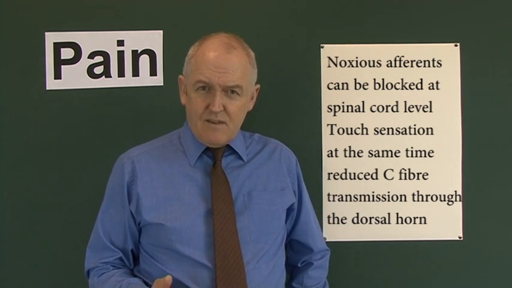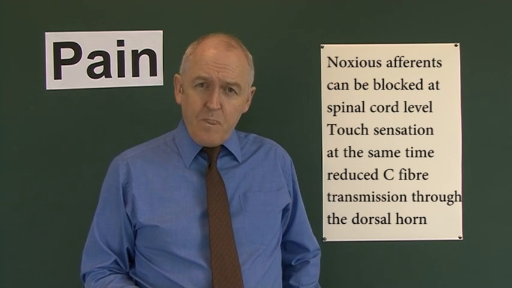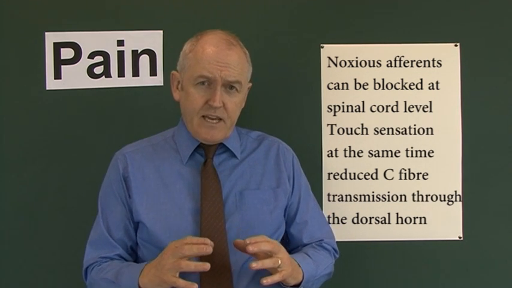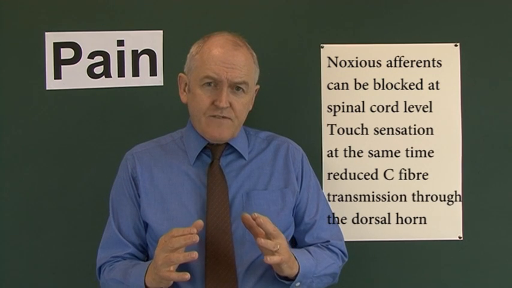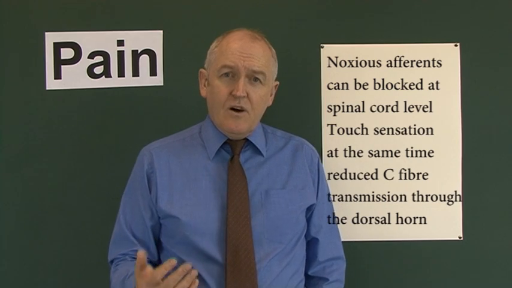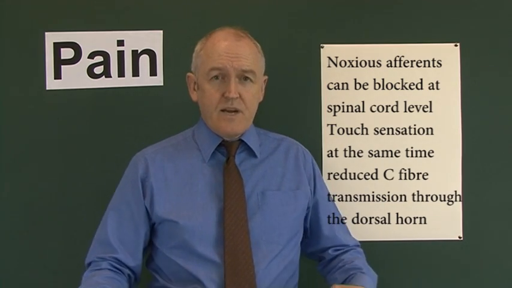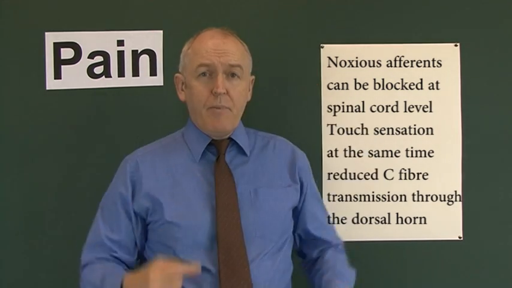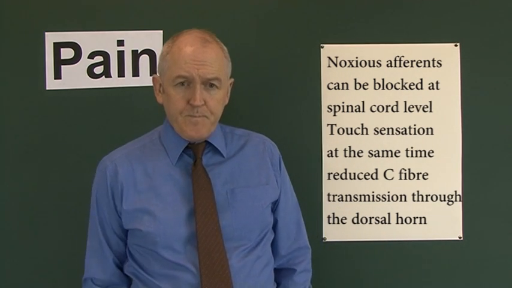I know that's a bit of an analogy, but this is what gate control theory is saying. So because there's lots of touch sensations going through at any one time, the pain sensation often can't get through from the periphery to the spinal cord to go up to be detected as pain.